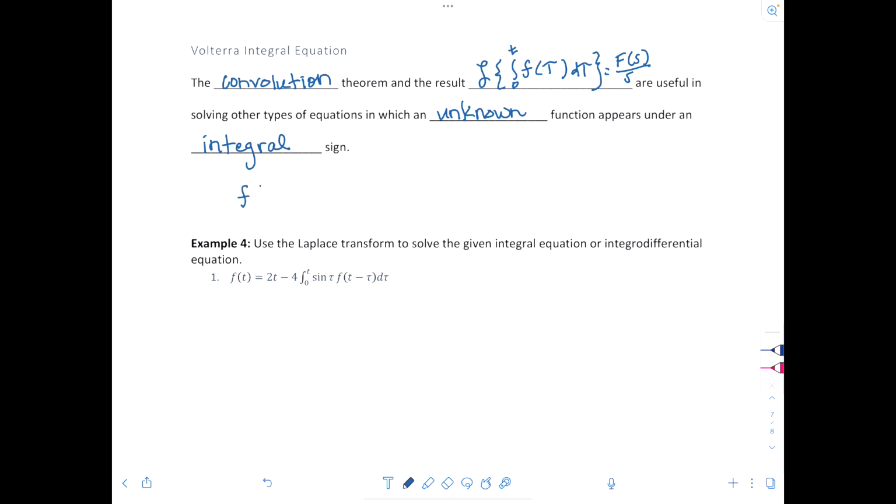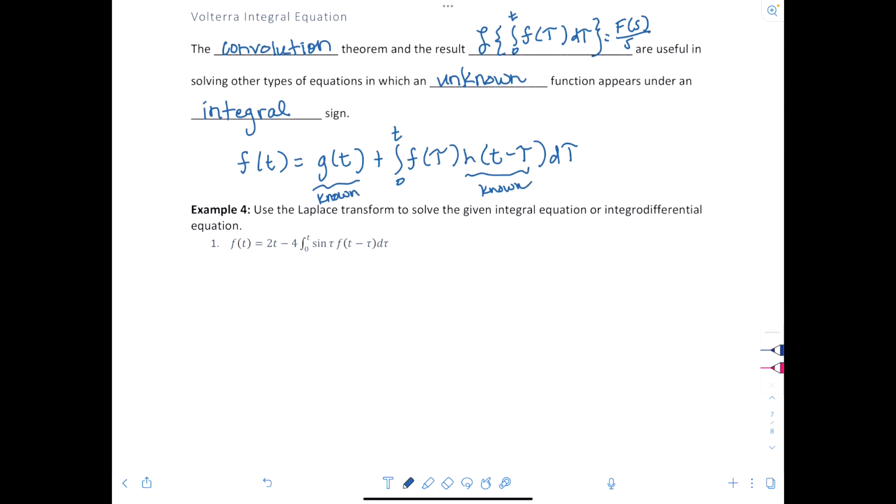So you might have some f at t equal to g at t plus the integral from 0 to t of f at tau times h at t minus tau d tau, where we know h and we know g, but we don't know f. So let's take a look at how we would use that.